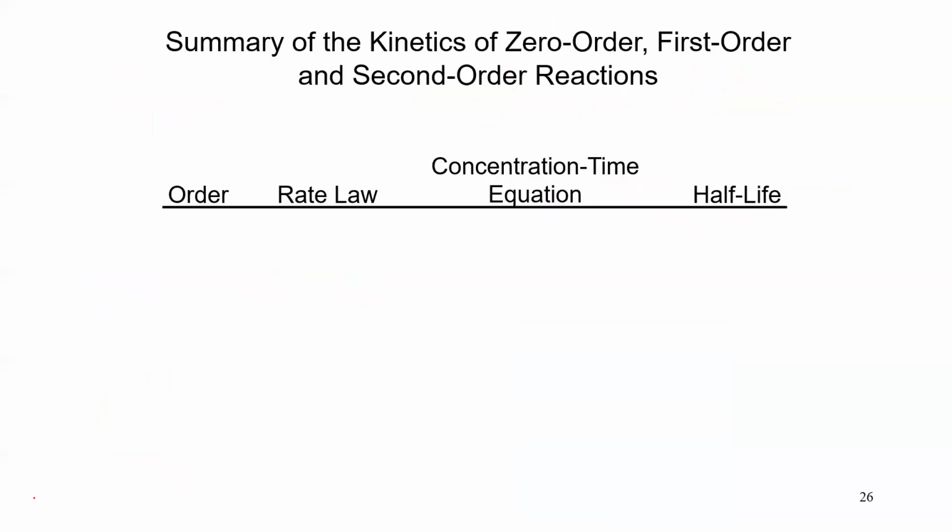If we have our 0th order, we'll go in numerical order, then our rate is just equal to k. We don't have to take the natural log of our concentrations. It's just the concentration of A is equal to the initial concentration minus kt. And then our half-life equation, what we just saw, our initial concentration of A over 2k.